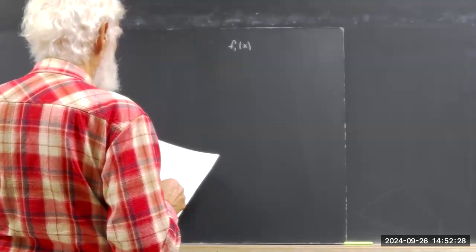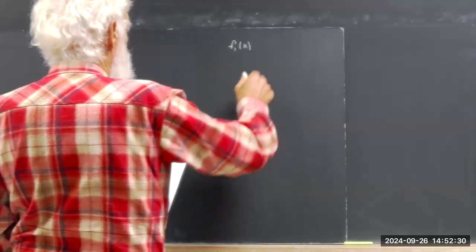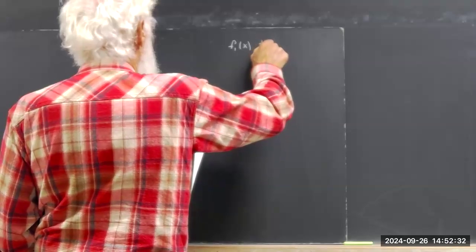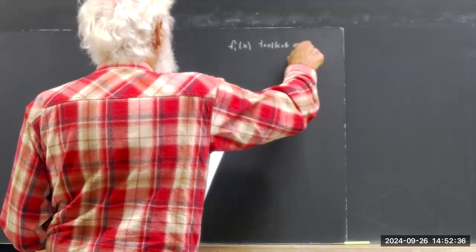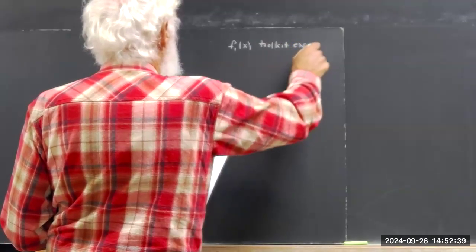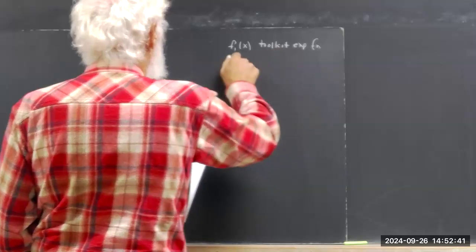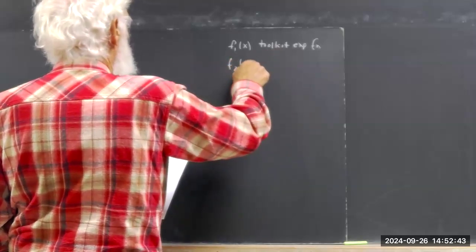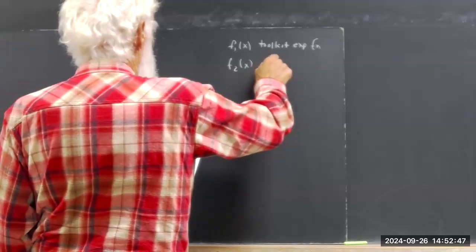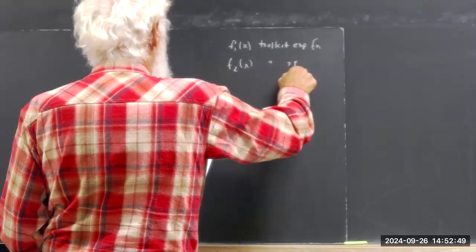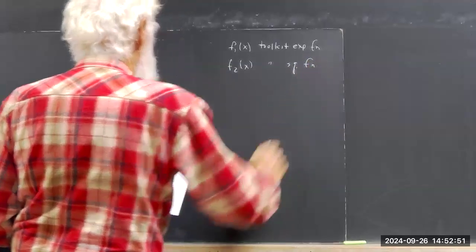We make sure that's our toolkit exponential. f2 of x is the squaring function, toolkit squaring function.